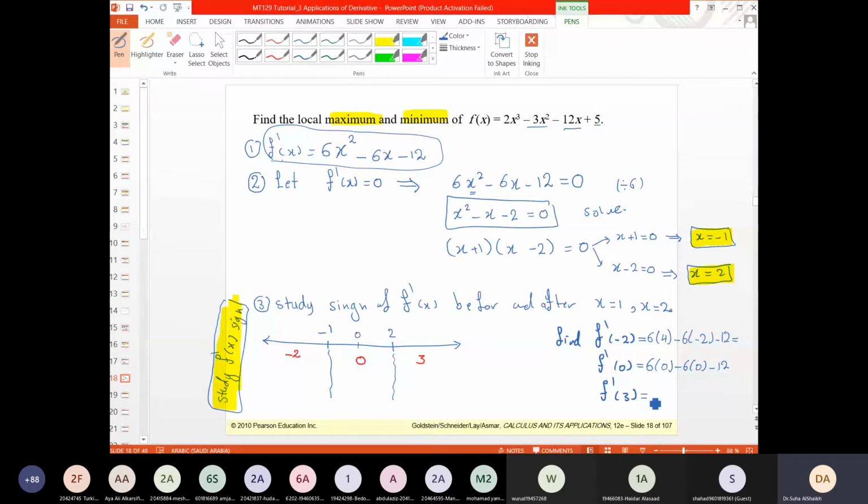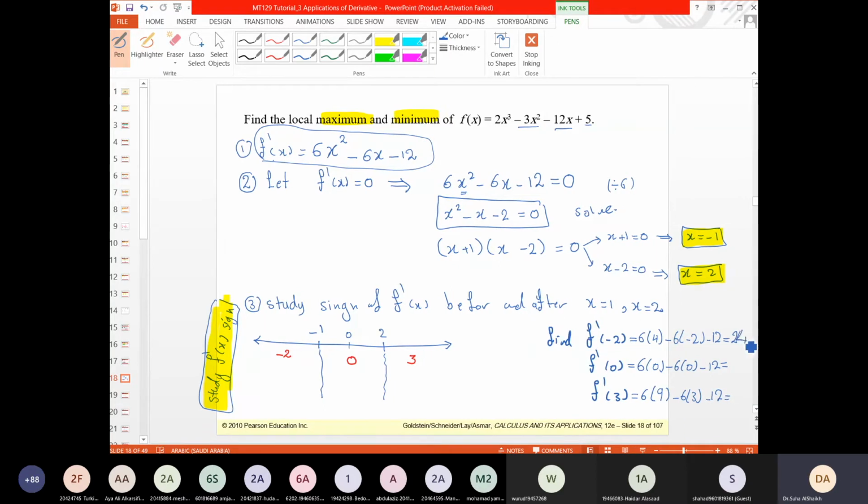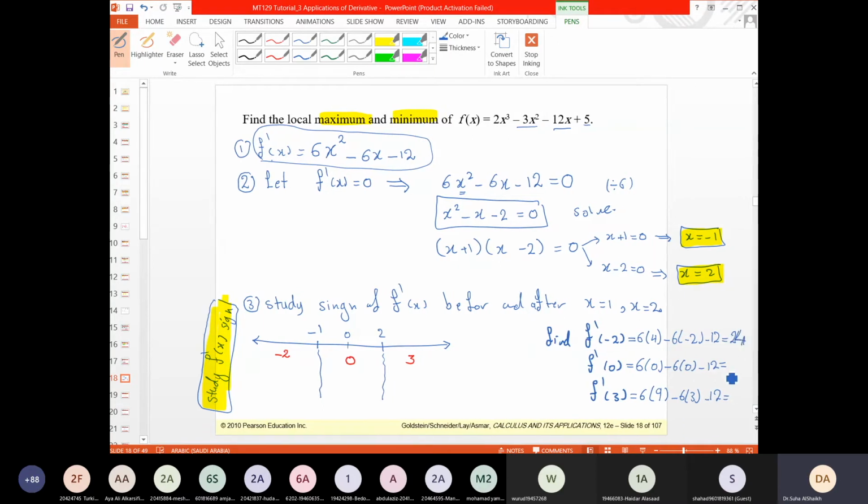And at the 3 this will be 6 times x squared, which is 9, minus 6 times 3, minus 12. I need those values please. This one is the 24, you said? This is 24. What about this one? It's -12, of course.